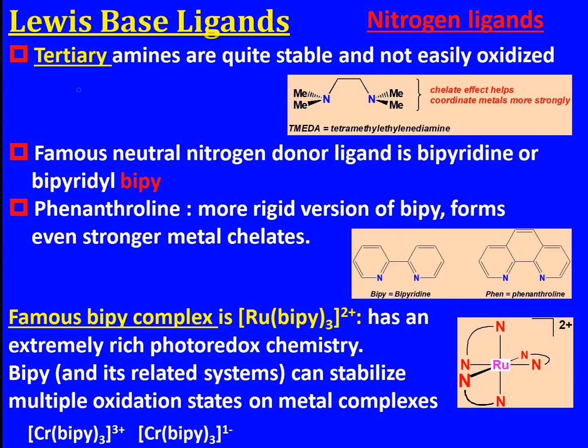It can receive one more electron to also have the stable structure s2d5, and this is the structure for chromium 1 minus.